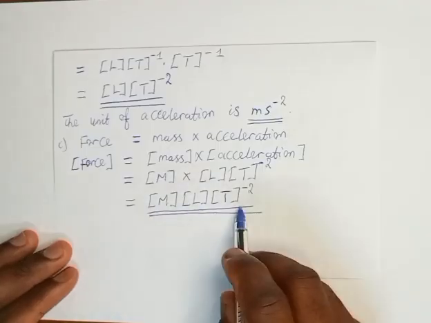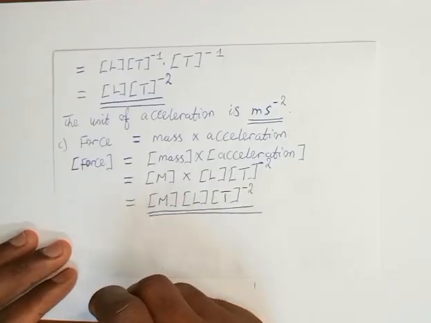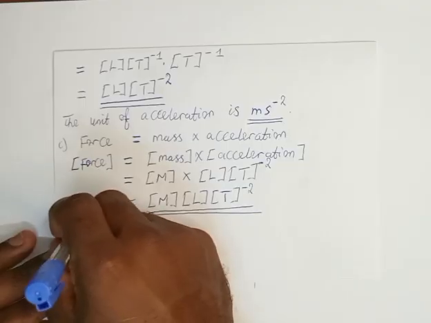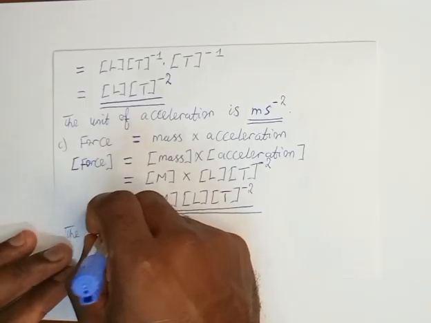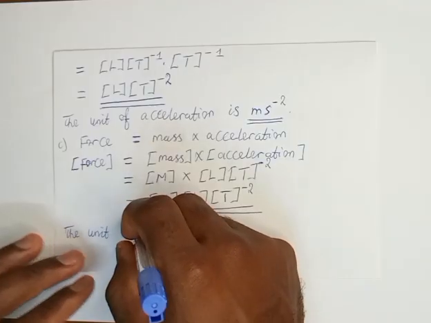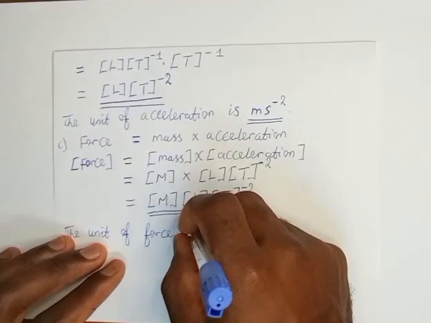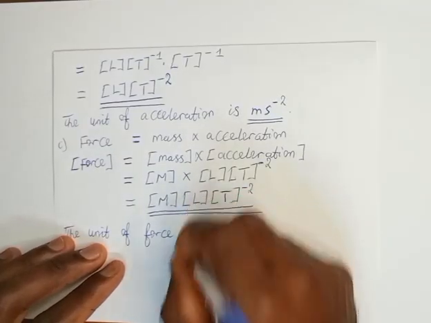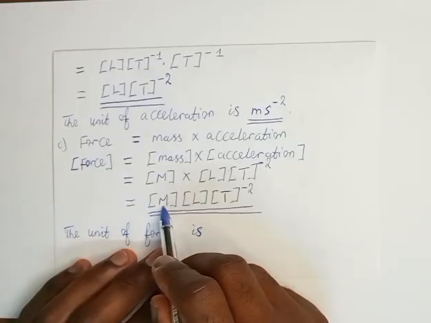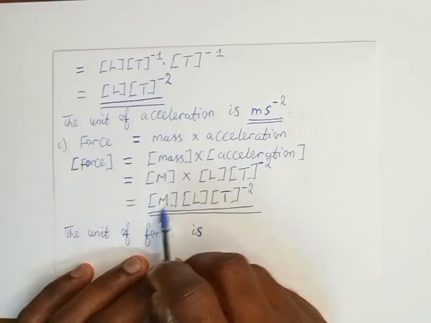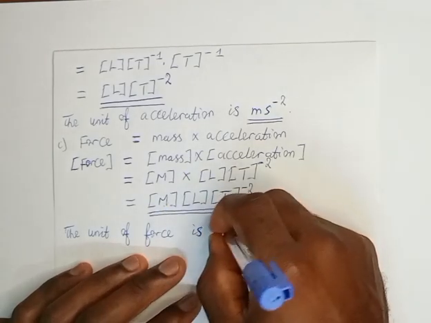From these dimensions of force, we can easily write down the units of force. The unit of force is, we are going to replace m with the unit of mass, which is kilograms.